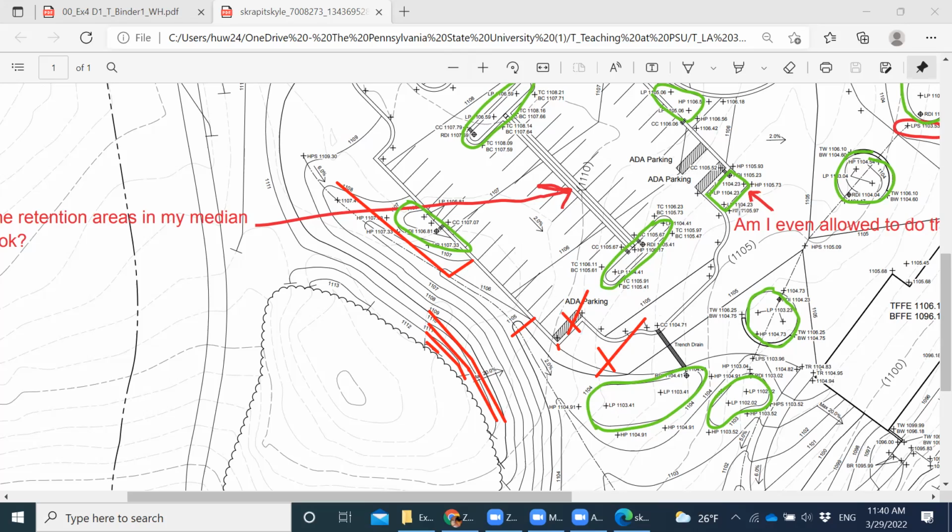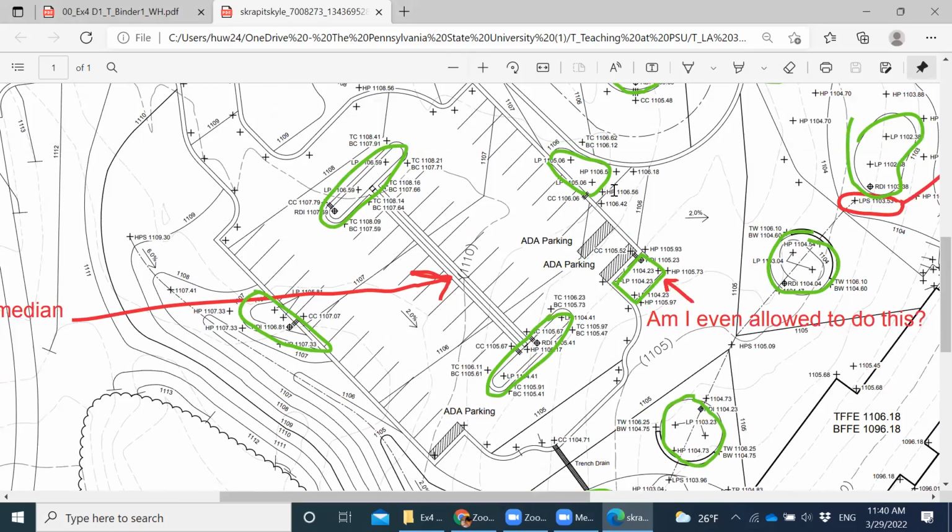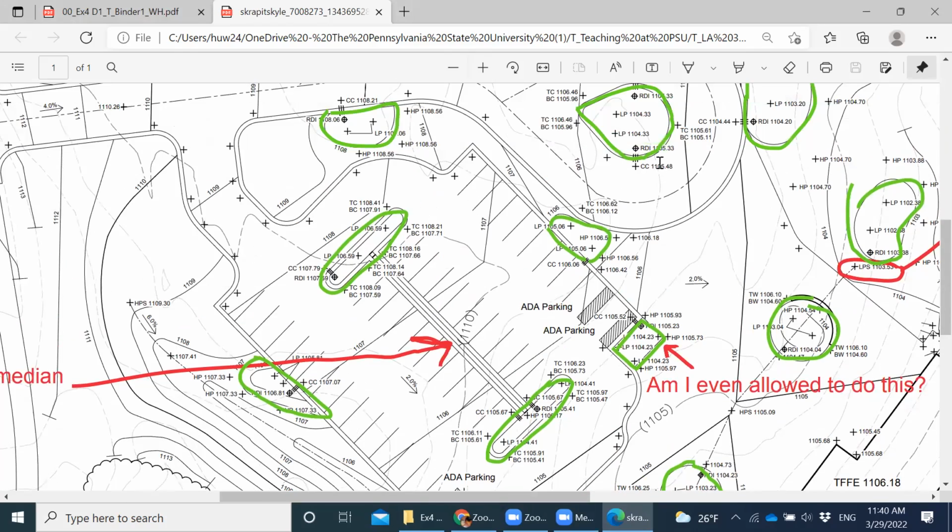Okay. So, is this middle area also a retention area? No, okay. Right.